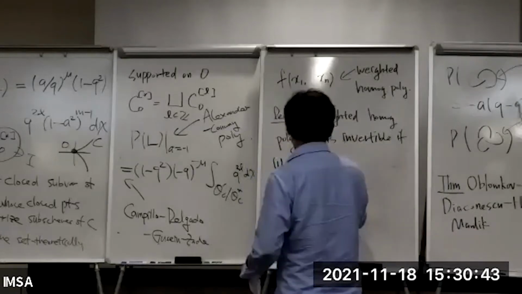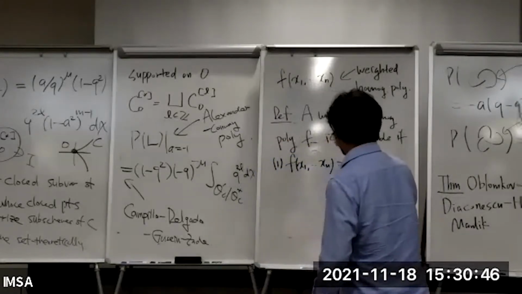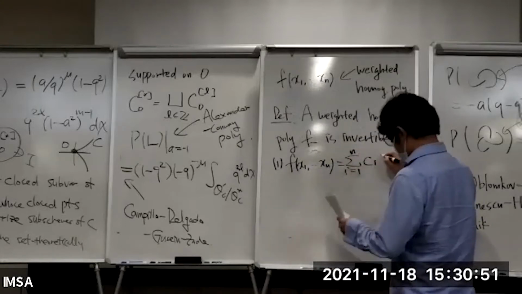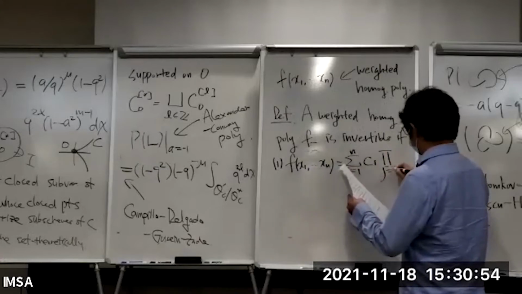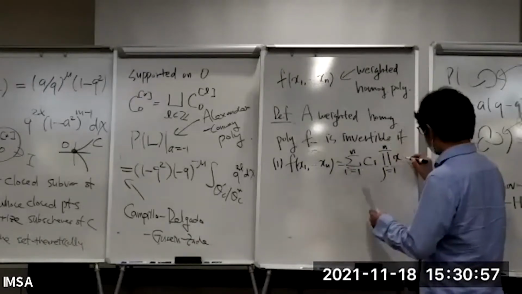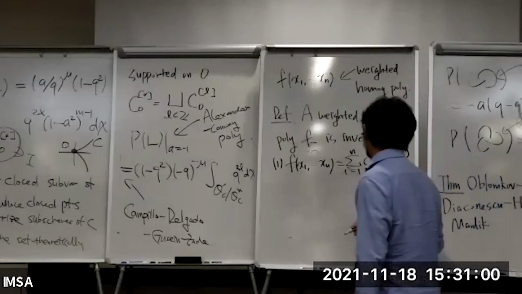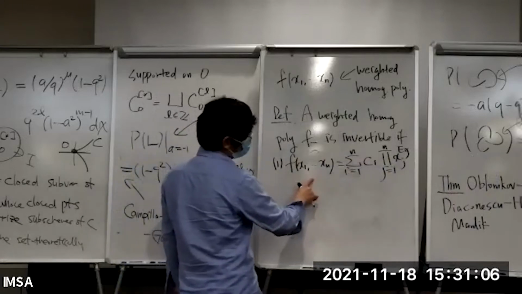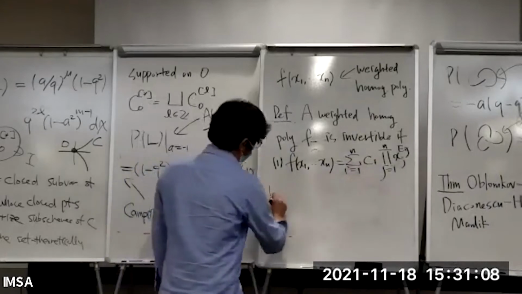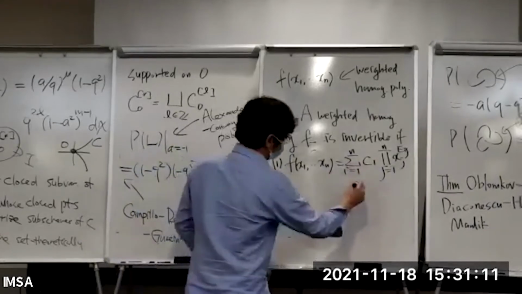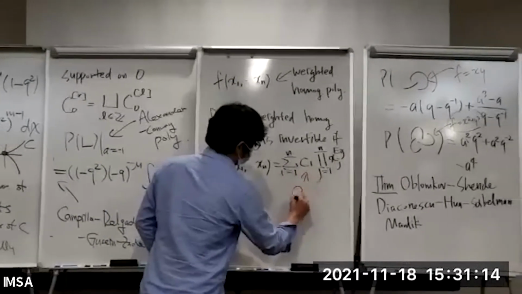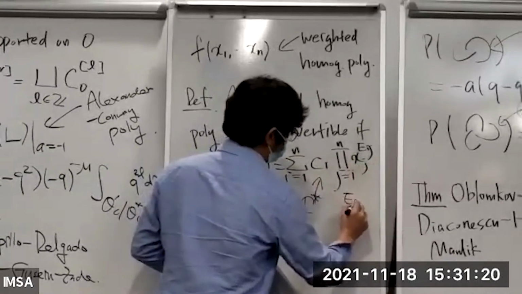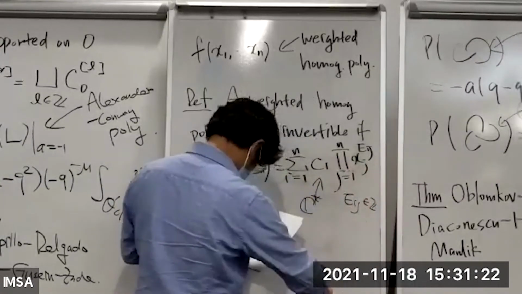First, F can be expressed this way: the sum over i from 1 to n of c_i times the product over j of x_j to the e_ij. This first expression tells me that F is a summation of exactly n monomials, and e_ij belongs to the non-negative integers.